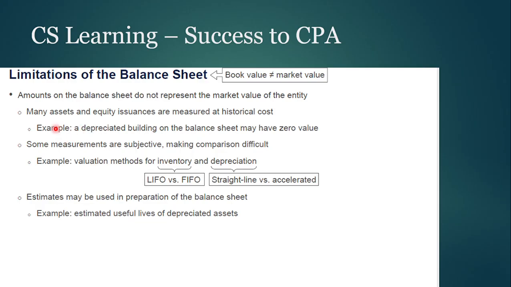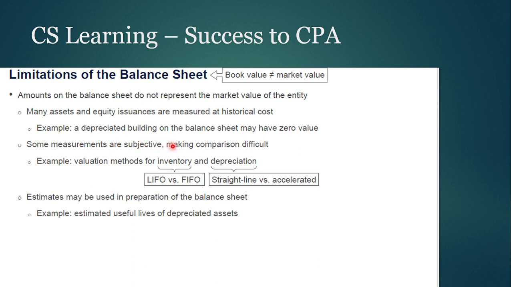The building value has actually increased by 5 times. So what I'm trying to say is that the balance sheet does not give you the correct information. This is the limitation of the balance sheet.